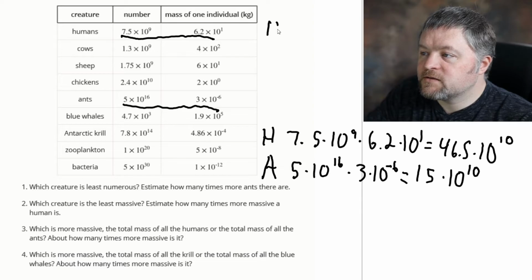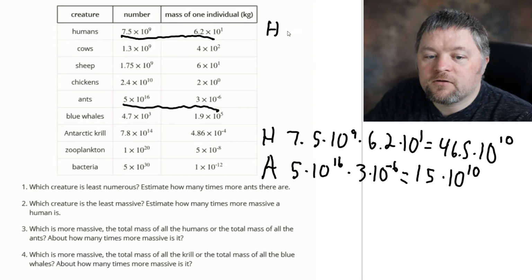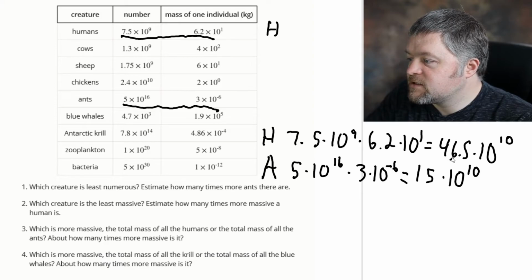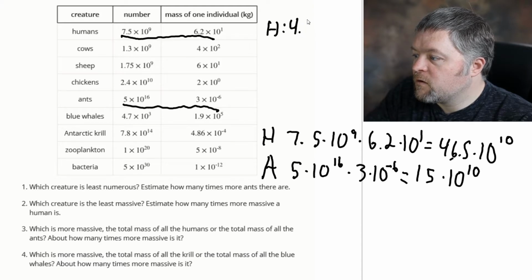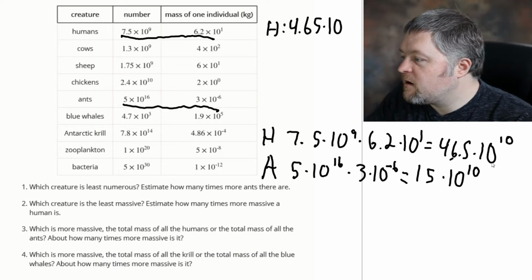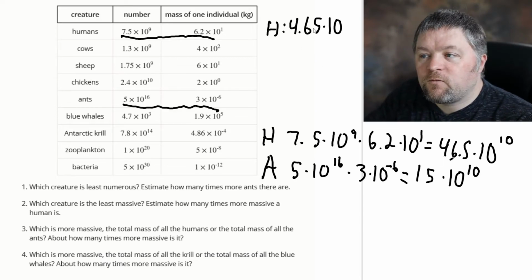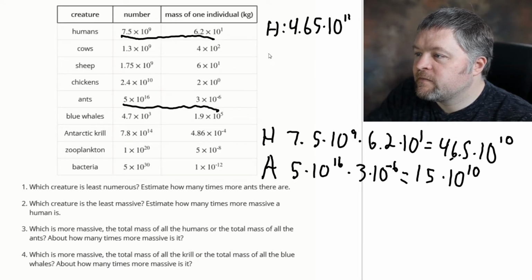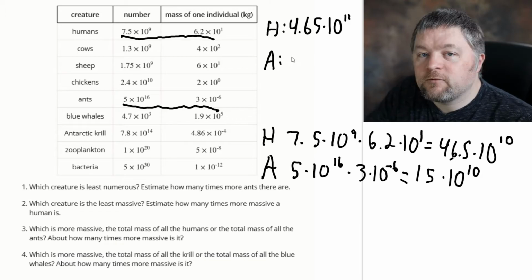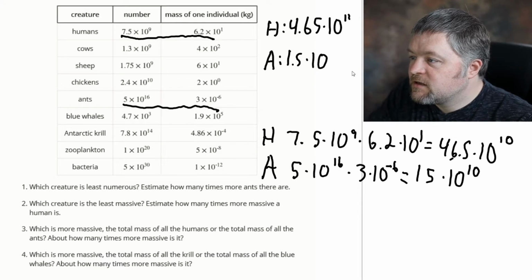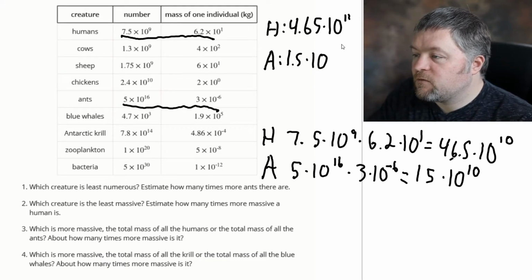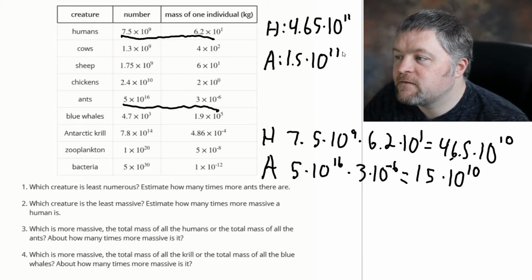So, the mass of all humans, we need to move this decimal point 1 spot, is 4.65 times 10 to the power of, it was 10, but we moved it 1 more spot, 11. Ants, 15, but we want 1 digit in front of the decimal place, so 1.5 times 10 to the power of, it was 10, we're going to make this one 11 as well.